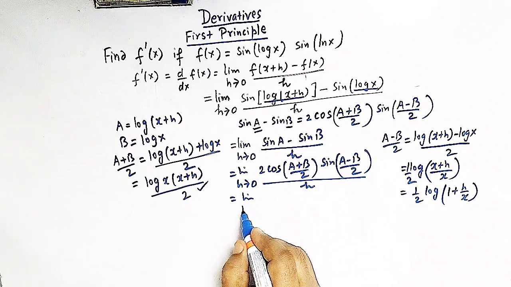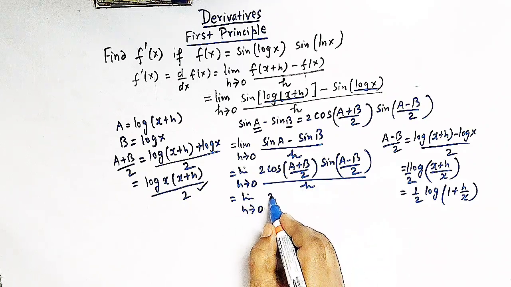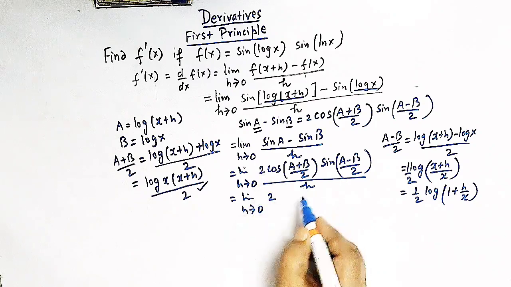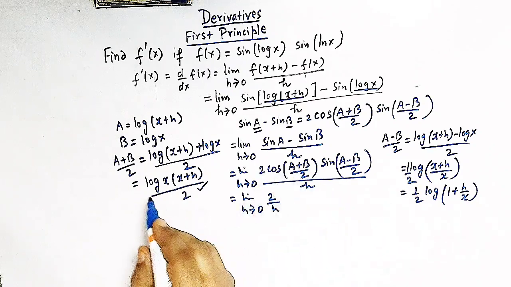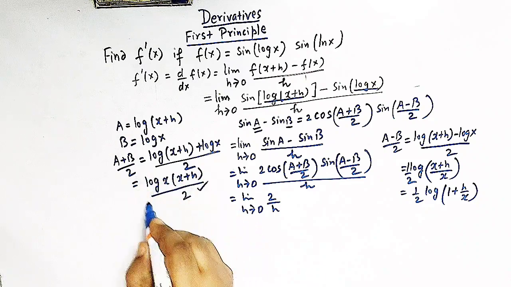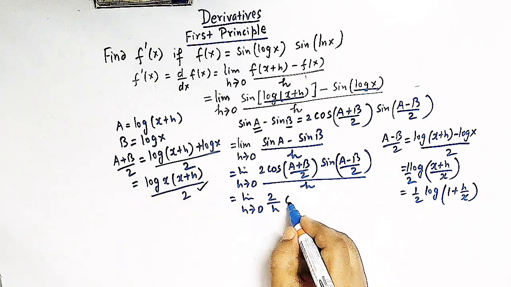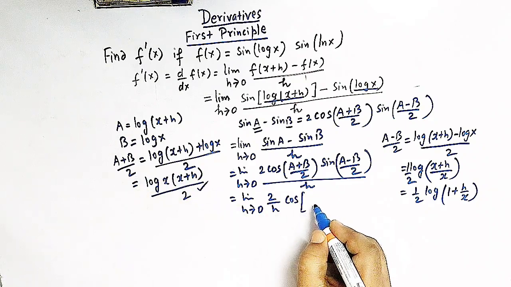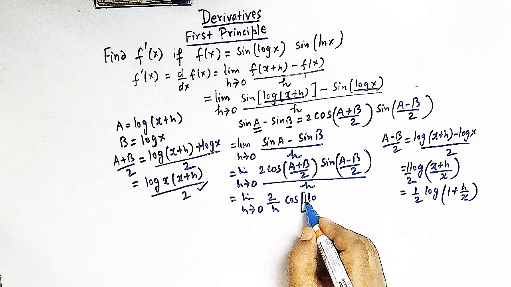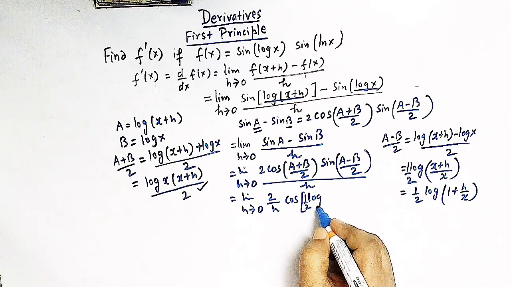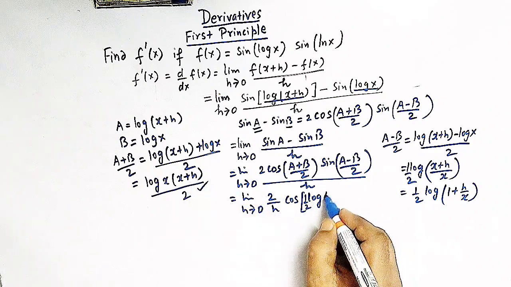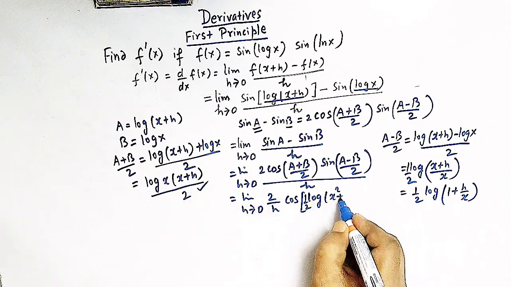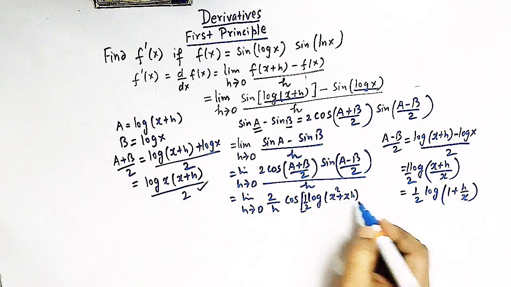So we have 2 over h and cos of a plus b over 2, where a plus b over 2 is half of log of x times x plus h. So this is x square plus x times h.